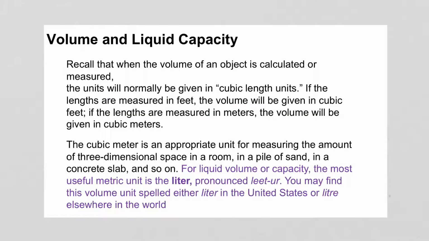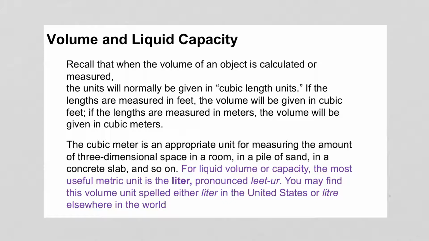Volume and liquid capacity. Recall that when a volume of an object is calculated or measured, it's in cubic length units, so like cubic feet or cubic meters. The cubic meter is an appropriate unit for measuring the amount of three-dimensional space in a room, in a pile of sand or concrete slab, and so on.